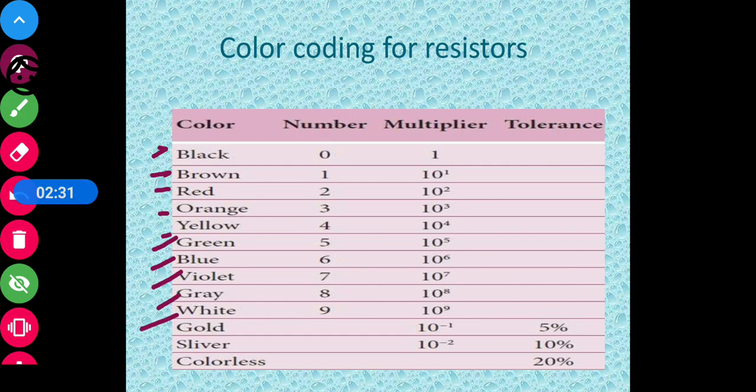So BB Roy of Great Britain, very good wife. So now you can easily remember the sequence. BB Roy of Great Britain had a very good wife. Then gold, silver and colorless. So by this simple sentence you can learn the sequence and decode the color with their numbers.